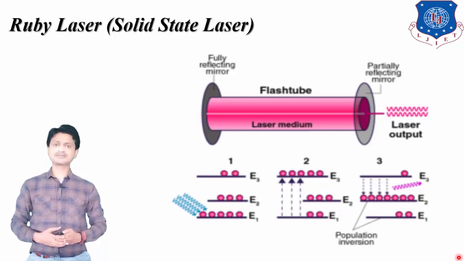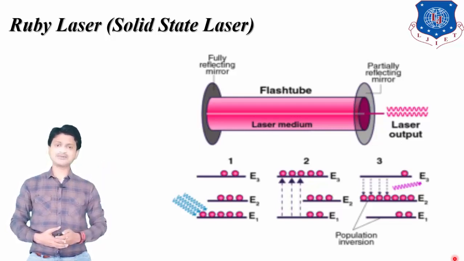The chromium atoms in the ground state absorb this light and are raised to a wide band of energy levels as shown in the figure. The mean lifetime of atoms in this state is very small. Some atoms from this energy band jump back to the ground state while some drop to intermediate metastable states.